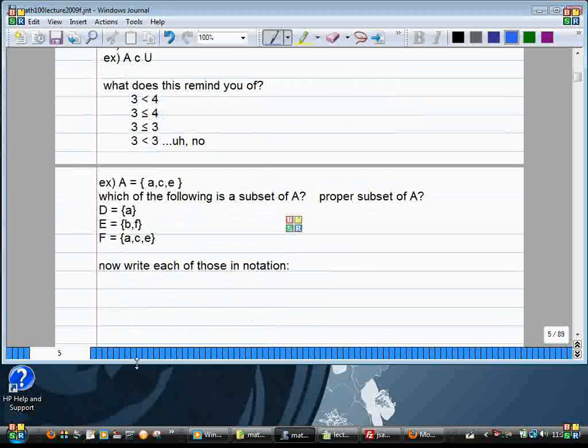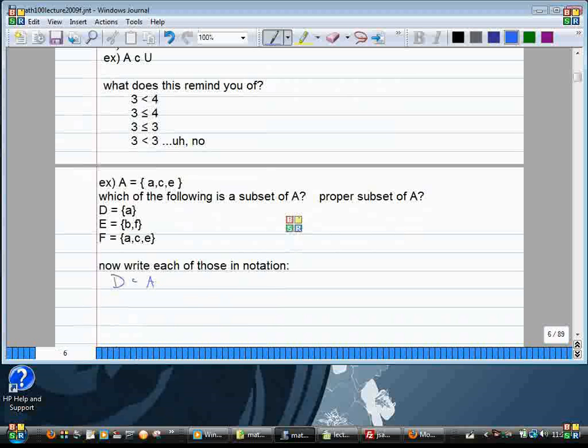So we said that D was a subset and D was a proper subset. How do you write those things down? Flip it around. And what does that say?